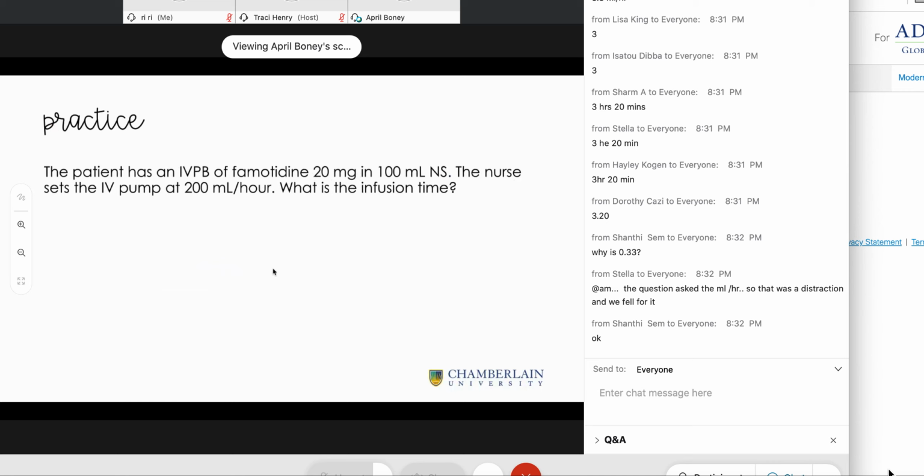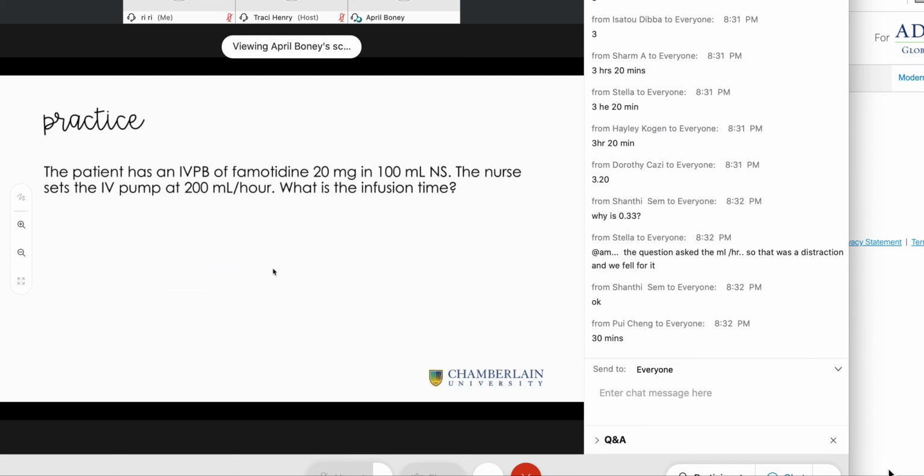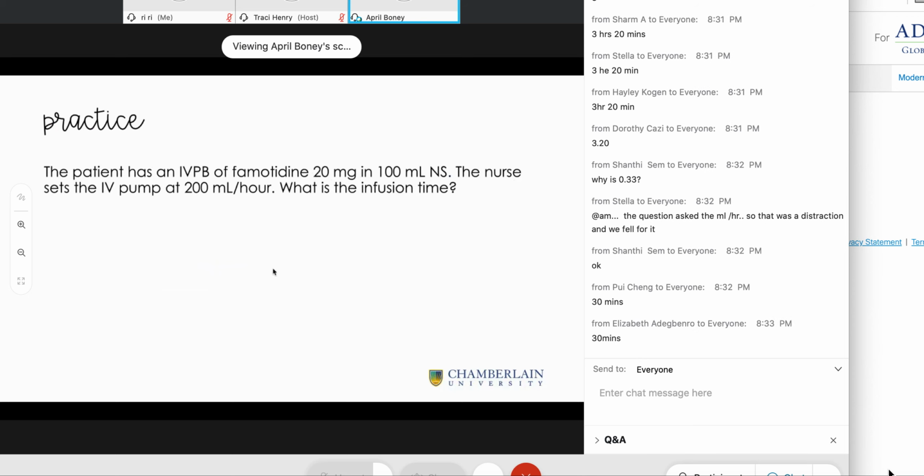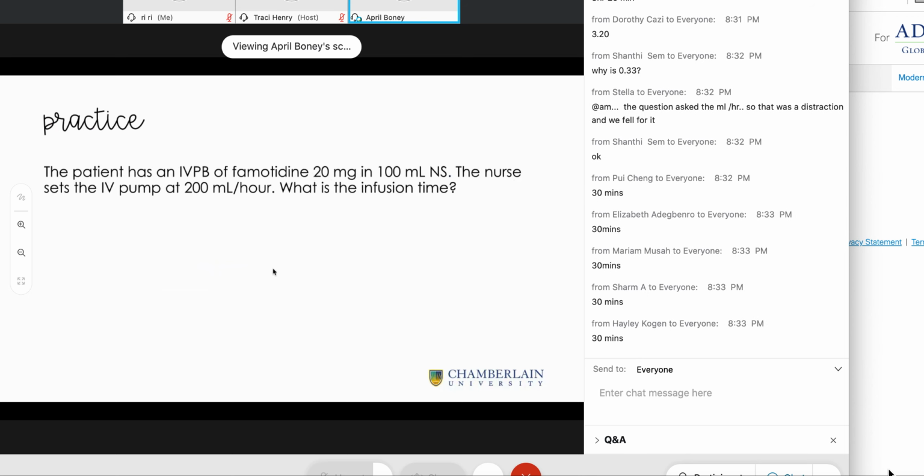Okay, let's look at this one. Our total volume is 100. That's what we want to administer. Doesn't matter that it's famotidine. We don't care. It's 100 milliliters. The pump is 200 milliliters per hour.